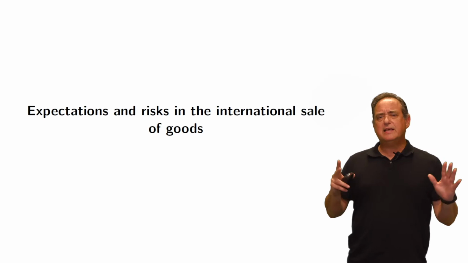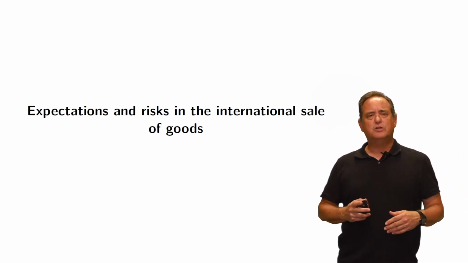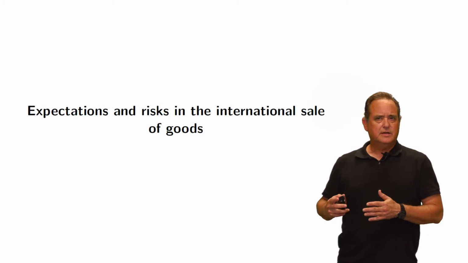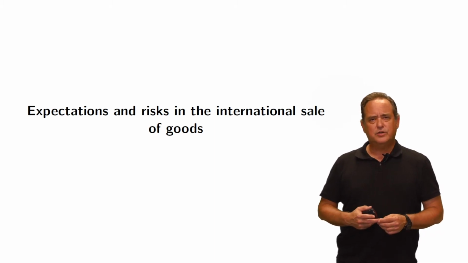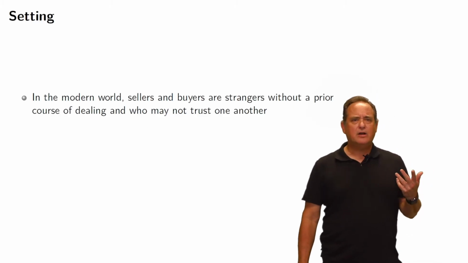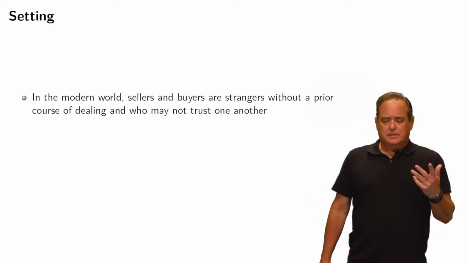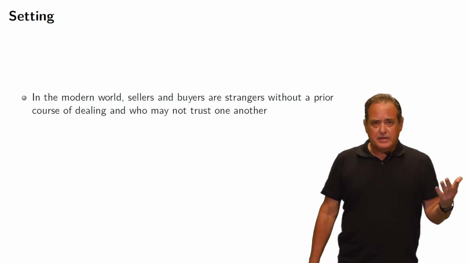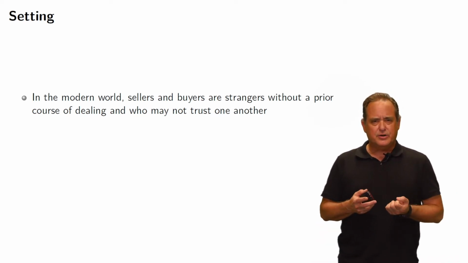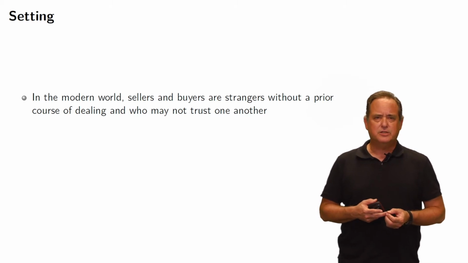Now we start this, however, with a very broad notion of looking at expectations and risks in the international sale of goods. Have you ever bought anything online? Maybe from eBay or maybe from Etsy, something not your typical Amazon relationship.